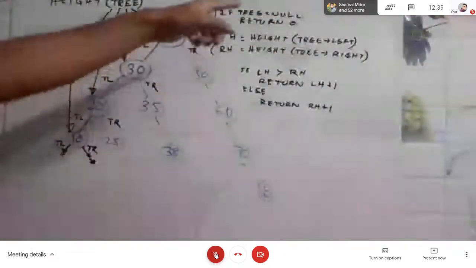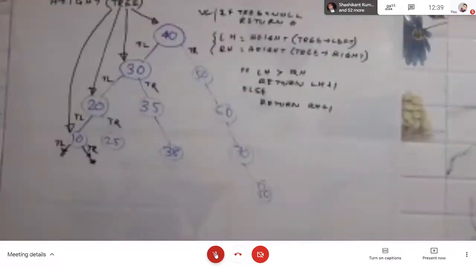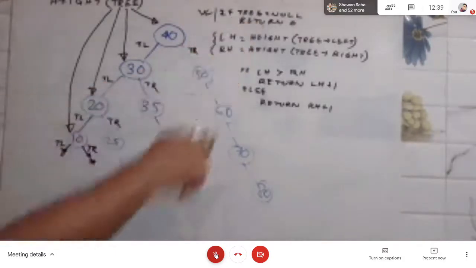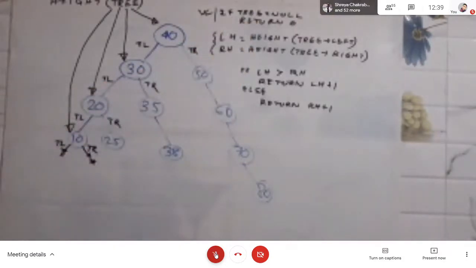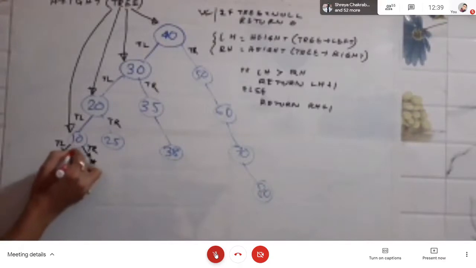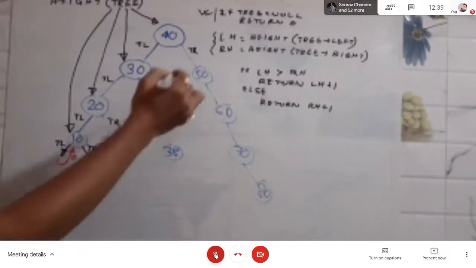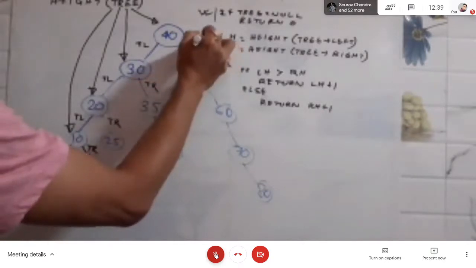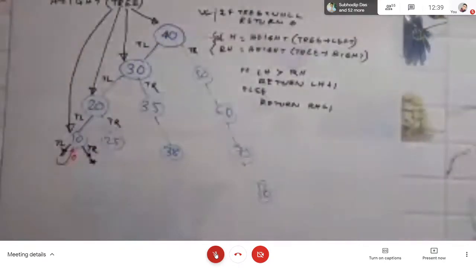So when tree is null, it will be returning back. Because what is written? If tree equal to null, then it returns the value 0. So when it is null, it will return back with the value 0. So this line has ultimately been executed and it is returning.